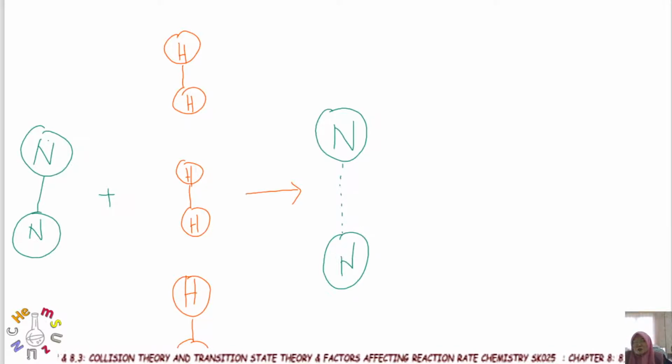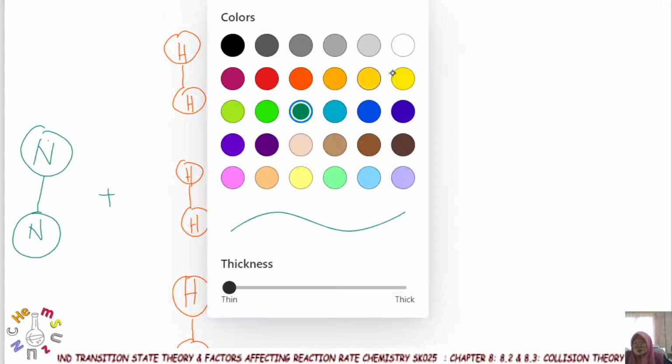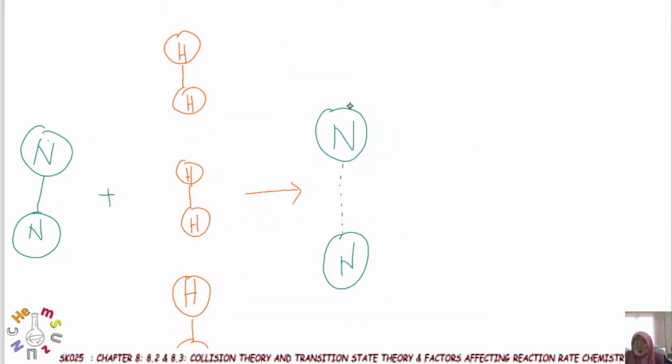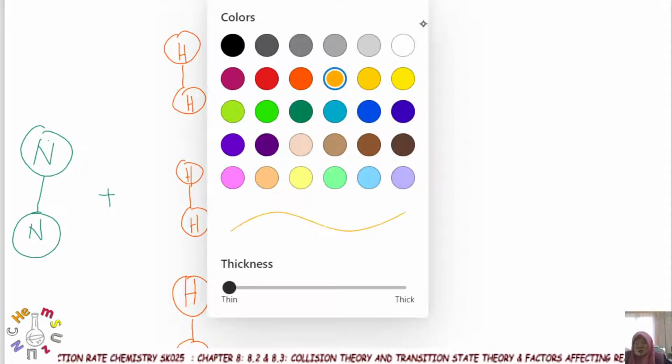Okay, lepas tu bond baru madam pakai warna kuning. Okay, and then madam akan ada temporary bond dengan madam lukis hidrogen dulu lah.